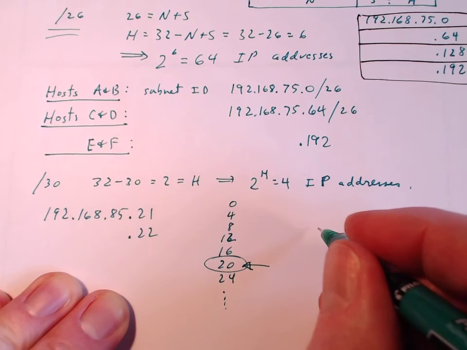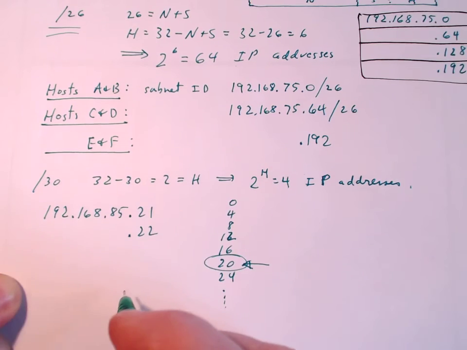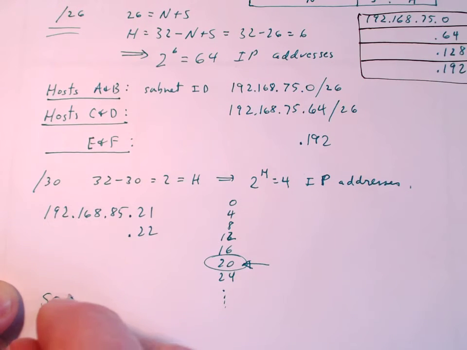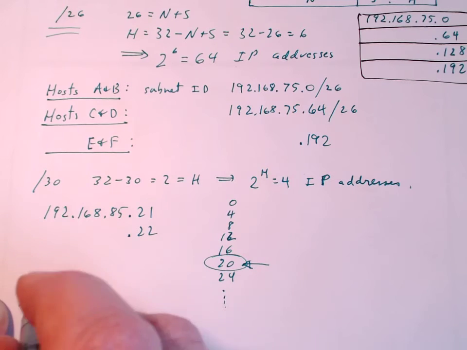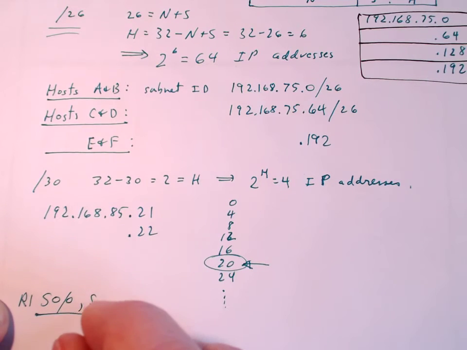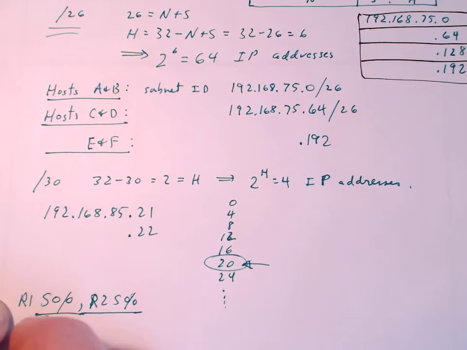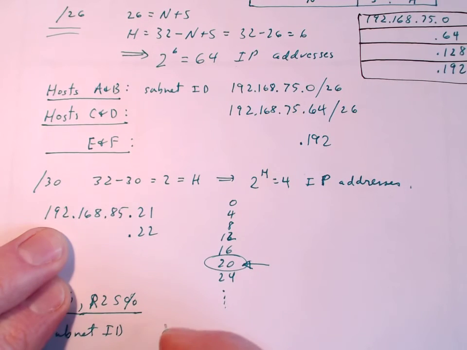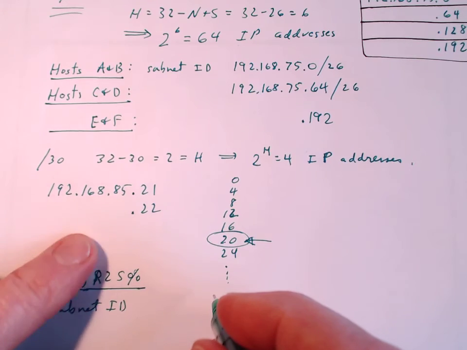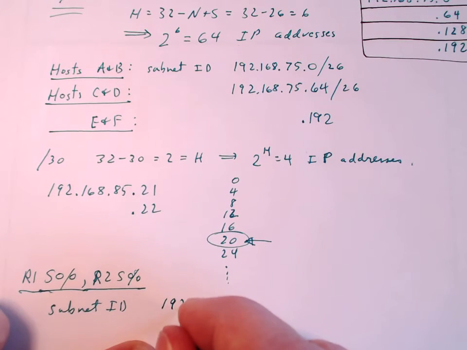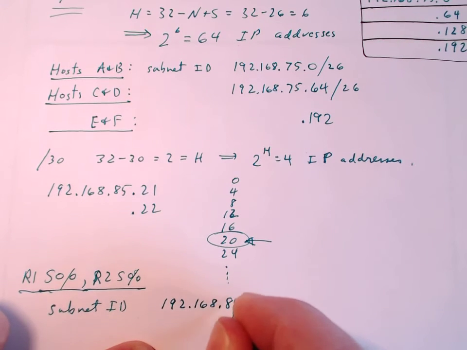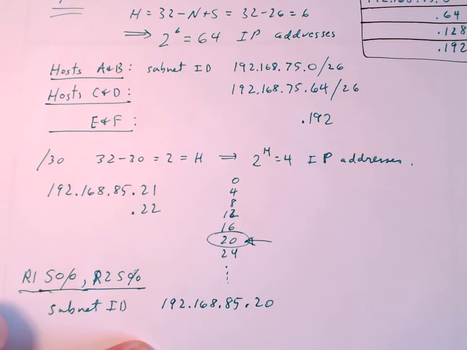So the serial lines S0/0 for router 1 and router 2 S0/0 are on subnet 192.168.85.20.